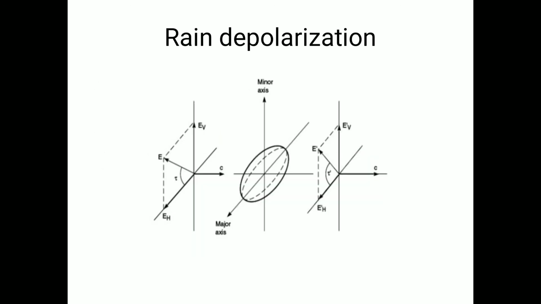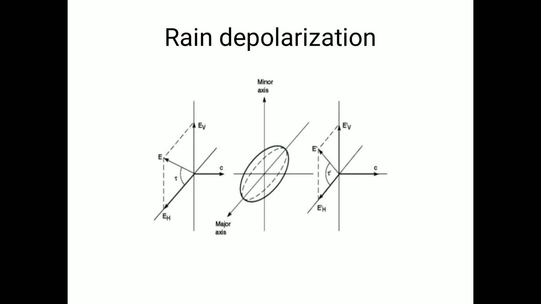This is a clear diagram to show the impact on a signal when it passes through a big oblate raindrop. Initially, as you can see, the signal has an orientation of tau with respect to the horizontal plane.